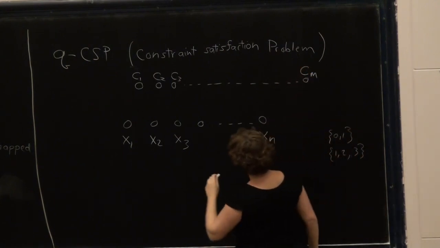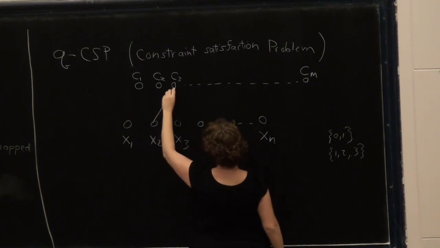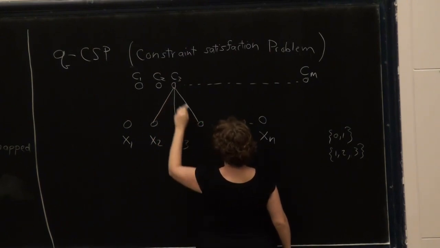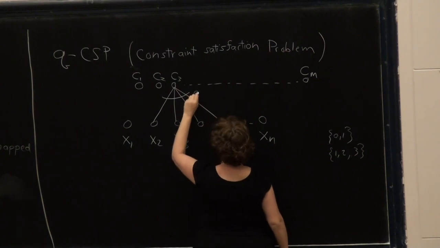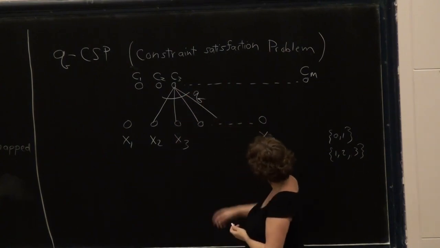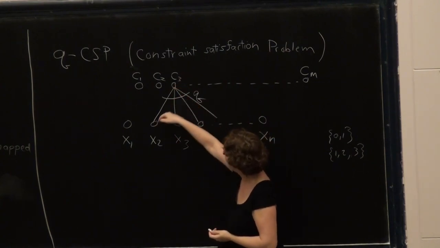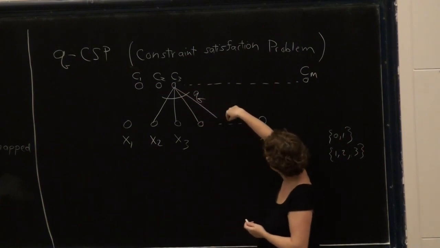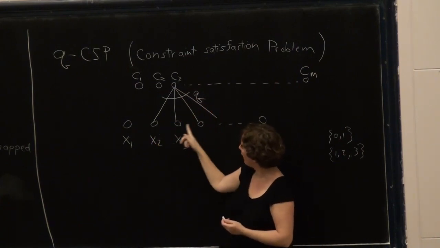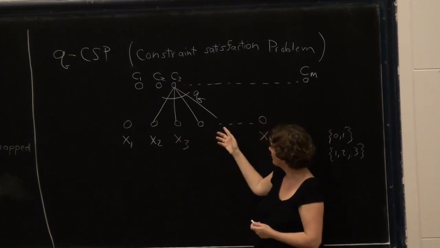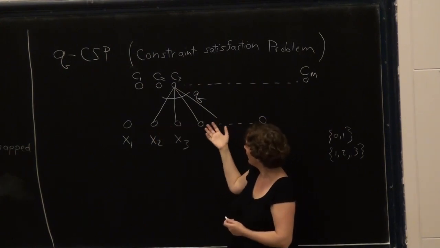Each constraint looks at some Q variables. So each constraint specifies which Q variables it's looking at, and it also specifies which values it is allowing, it will accept.